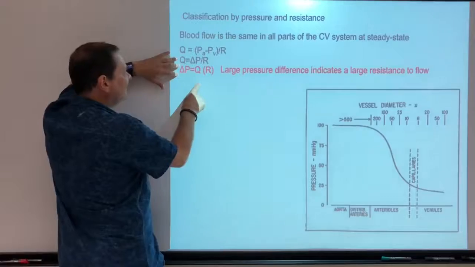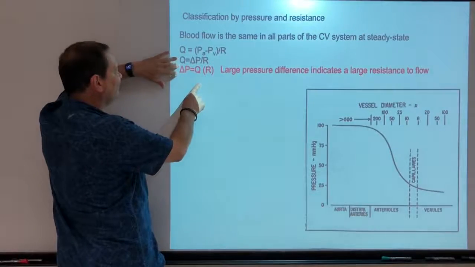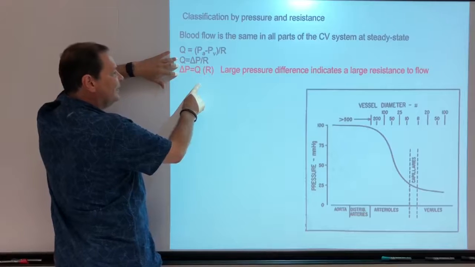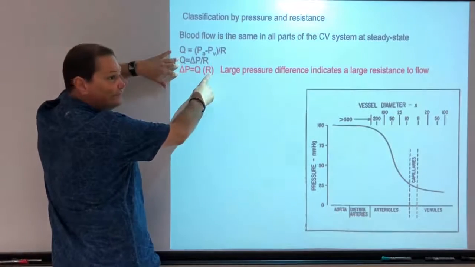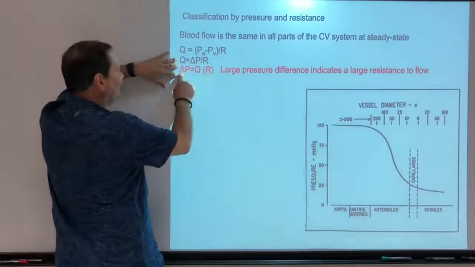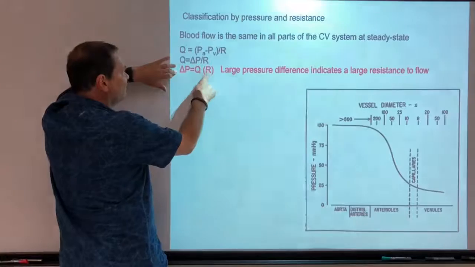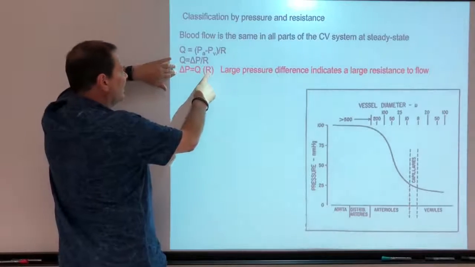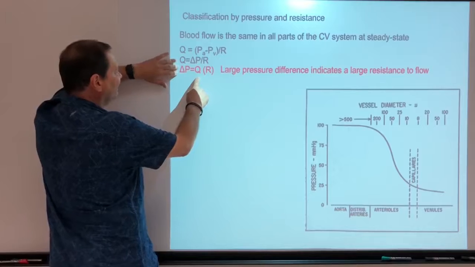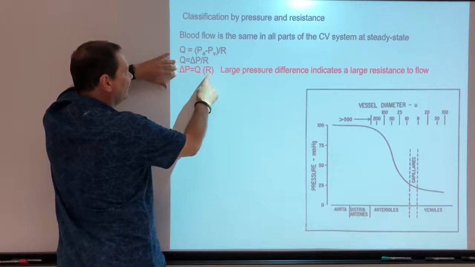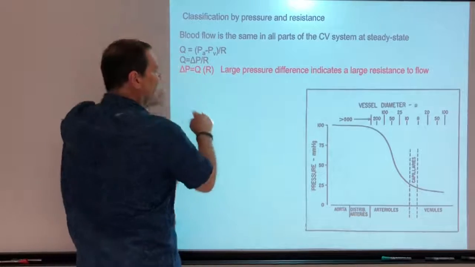If the difference in pressure across any segment of this system is large, that means that there's a large resistance to flow, because this times this has to equal this. If this is constant and this is large, then this must be large. On the other hand, assuming this is constant and the delta P is small, then this must be small, because this times this must equal this, okay?